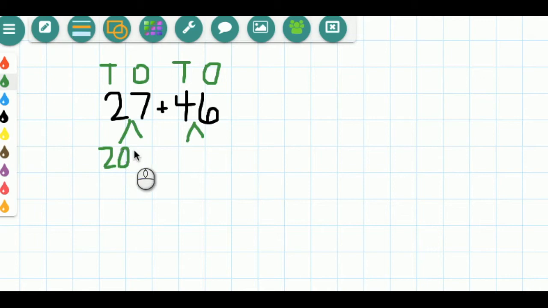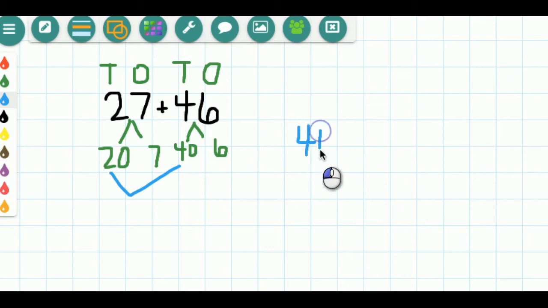So 27, we're going to break it down into 20 and 7, and 46 into 40 and 6. Those have the same value as those numbers, so we are good to go. And just like last time, we can add our tens together, 20 and 40, and we can write it off to the side to make it easier.